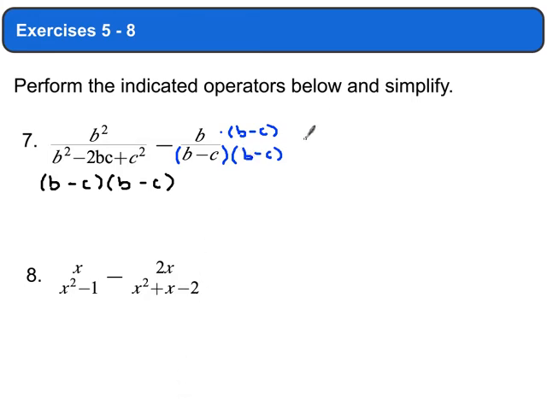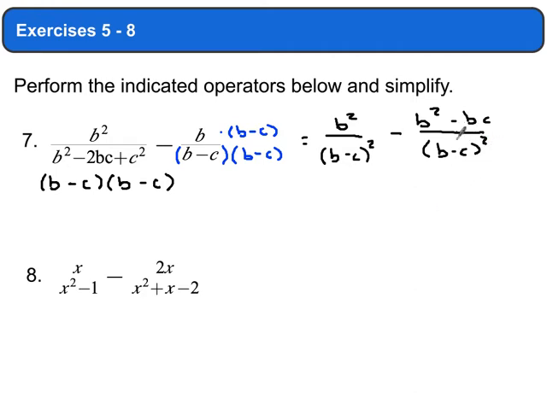And so now what I end up with is a problem that looks like this. B squared over, and for the sake of space, I'm going to write b minus c squared. And I'm going to put a minus sign. B times b is b squared, and b times c is negative bc, and that's over b minus c squared again.